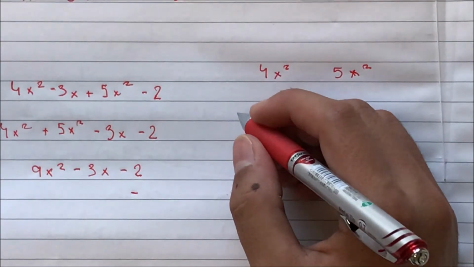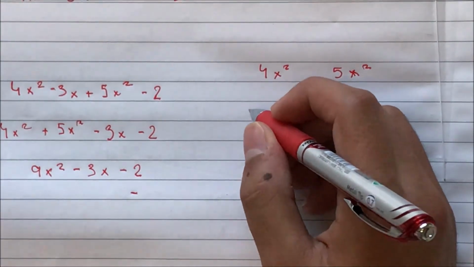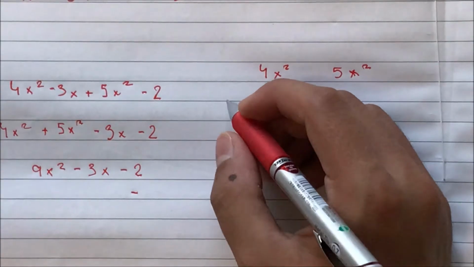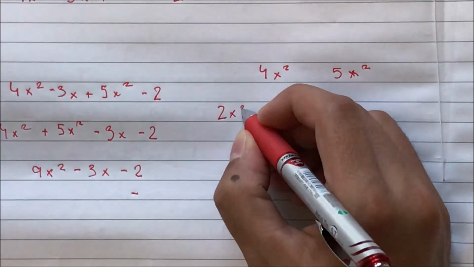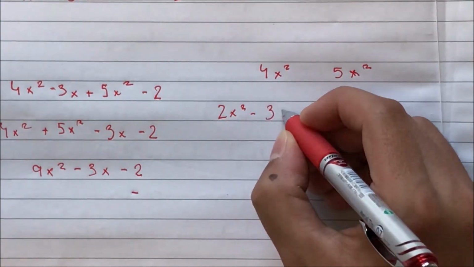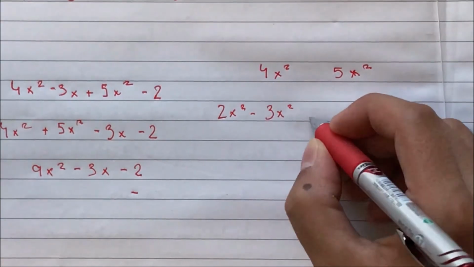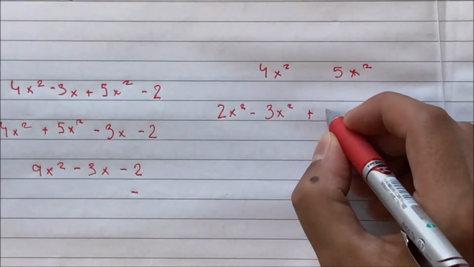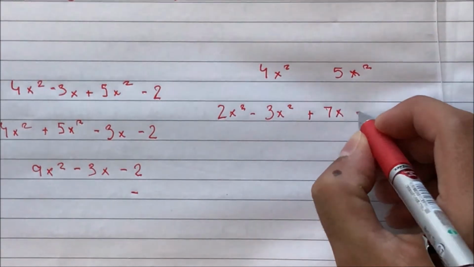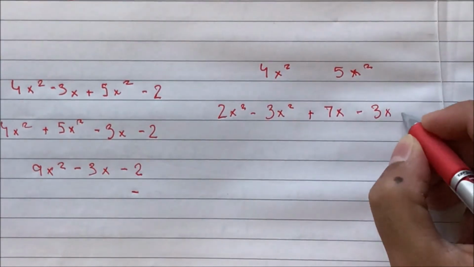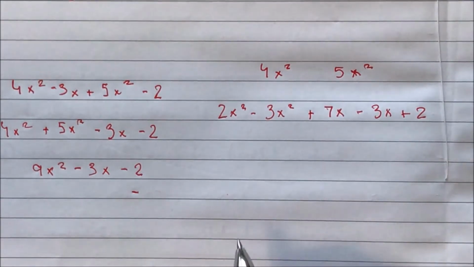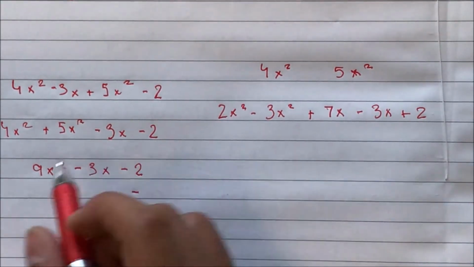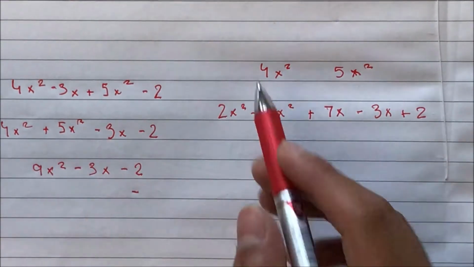Let's do another example. So over here, I'm going to write another polynomial. I see two like terms, and it's already written in the form we need it to be.